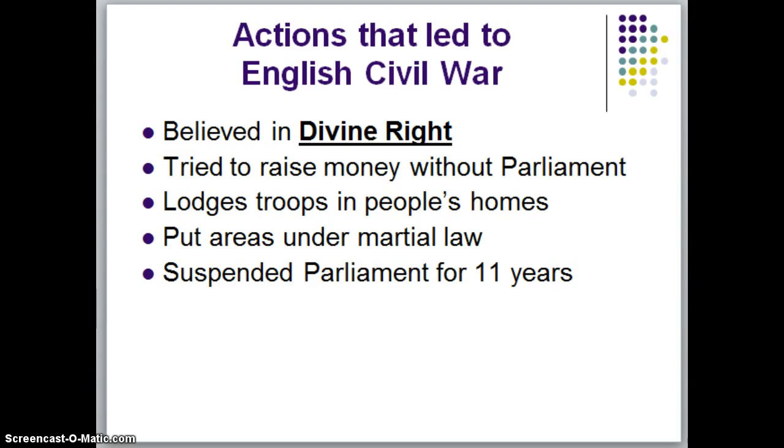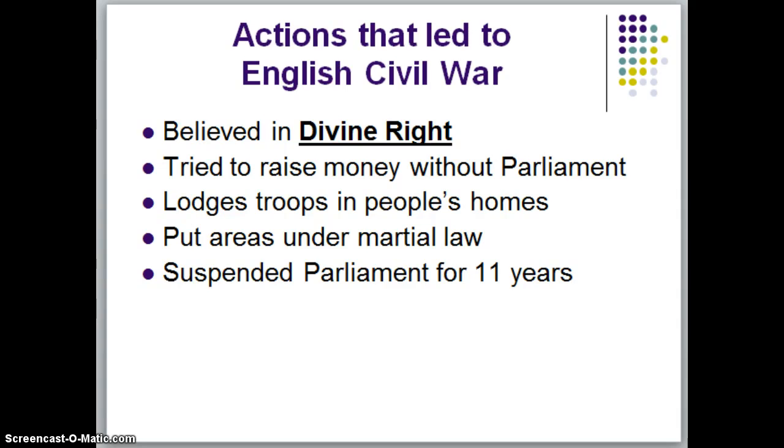All right, actions that led to the English Civil War. It is this belief in divine right that God granted the king or queen, and in this case the king, the right to rule absolutely. King Charles I is going to try and raise money without Parliament's consent, without their okay, without their approval.